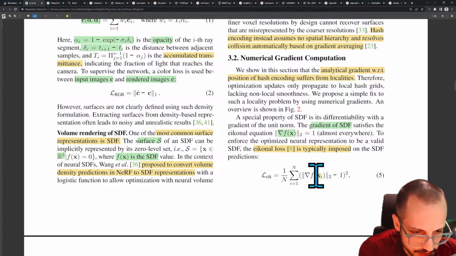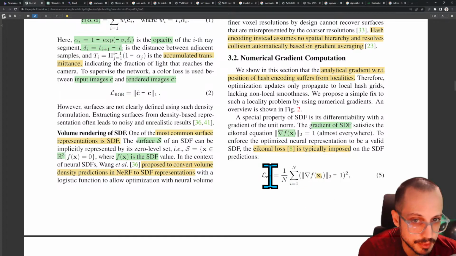Basically this penalizes anything that isn't 1. If they're saying that the grad of f of x is equal to 1 almost everywhere, whenever this value is equal to 1, this is going to be 1 minus 1, which is 0. So you're going to have just the sum of a bunch of zeros, and your L_IC is going to be 0, which is ideally what you want.